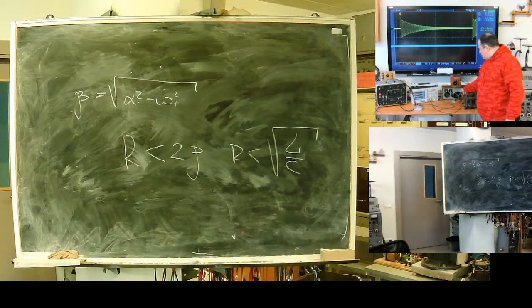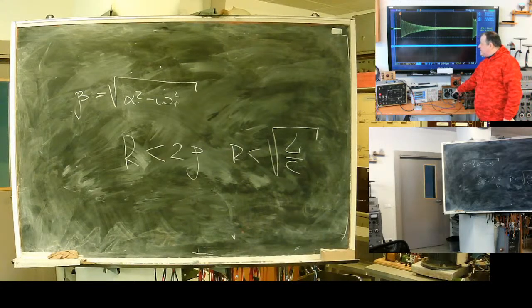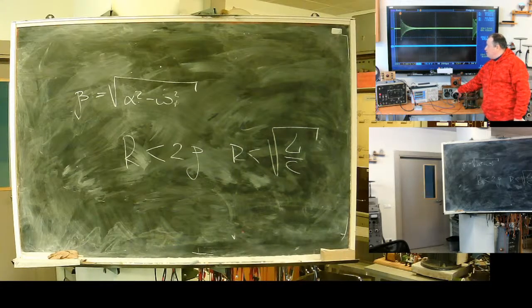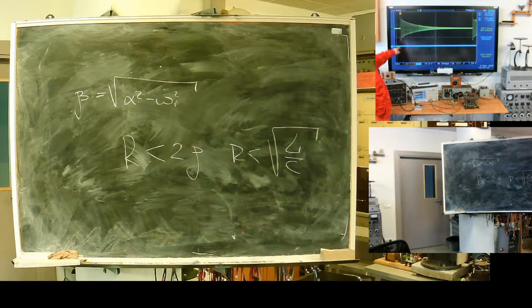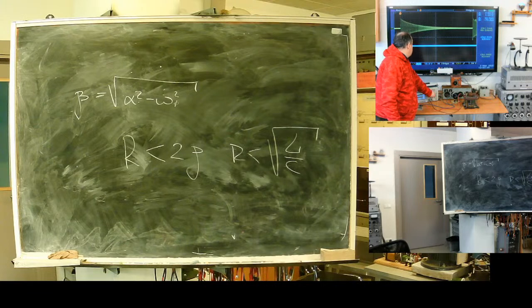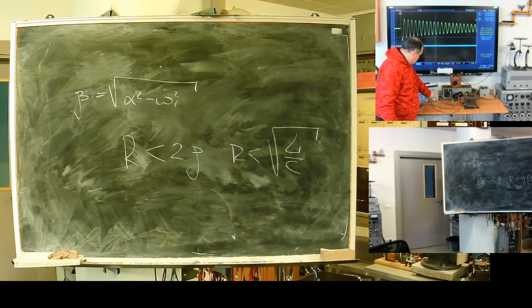Now my resistance box is set to 0, only the coil resistance remains. I will increase resistance. What do we see now? Before I increase, can I change the scale? Is it sine? Harmonic oscillation, like a tuning fork.